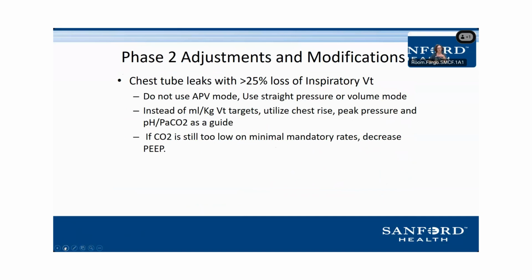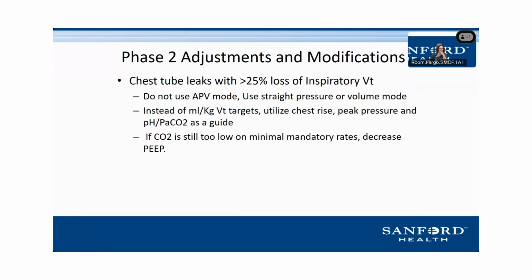So if you do have a really large chest tube leak, or you don't have a cuffed ET tube and you have a leak around the ET tube, if you have more than 25% of a leak, you are going to want to get out of that APV mode of ventilation and use just a straight up pressure or volume mode of ventilation. It can't target something that it can't measure, right?